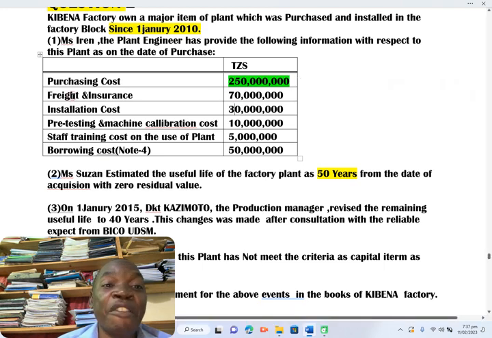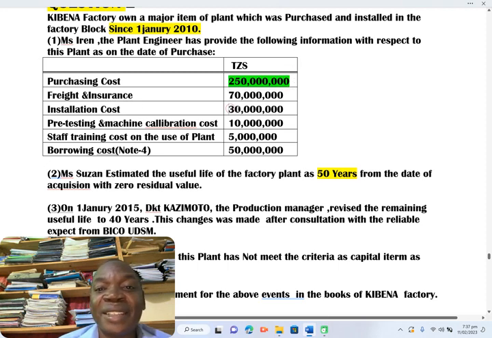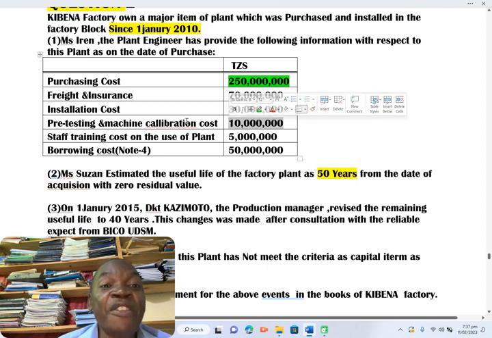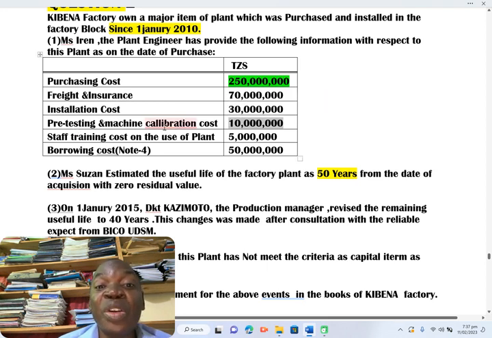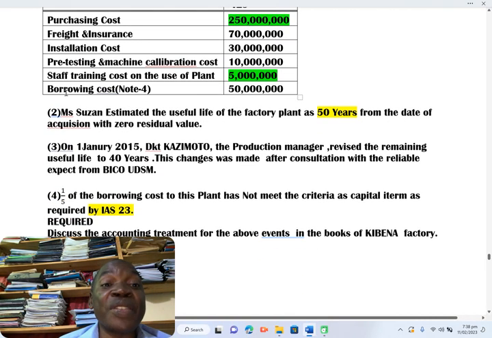How about freight and insurance? Do we capitalize? Yes. How about installation cost? We capitalize. This is pre-testing and machine calibration. Do we capitalize? Yes. We have staff training on use of plant. This one has never ever been capitalized. This is expensed.